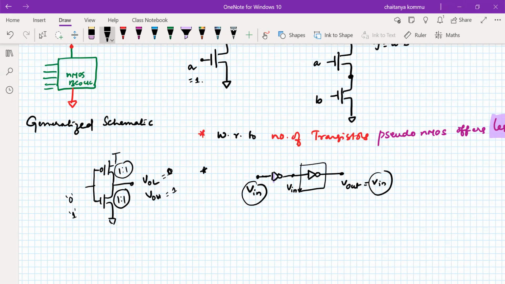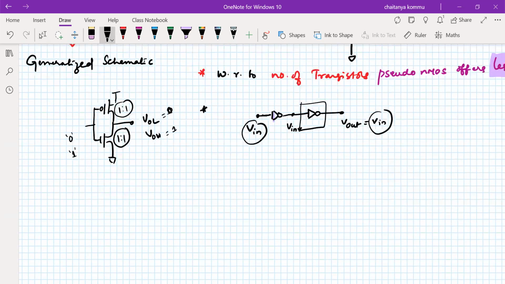That's what is important. If you want to do this, again the same setup we have to follow. We have to consider a pseudo-NMOS transistor for the case of simple implementation.